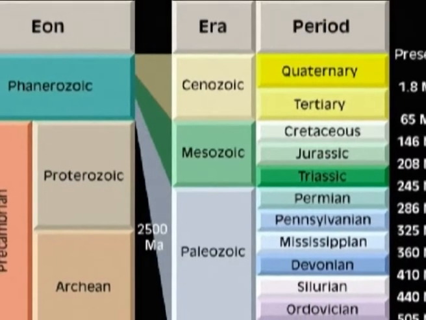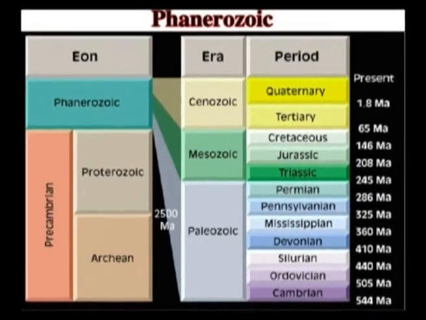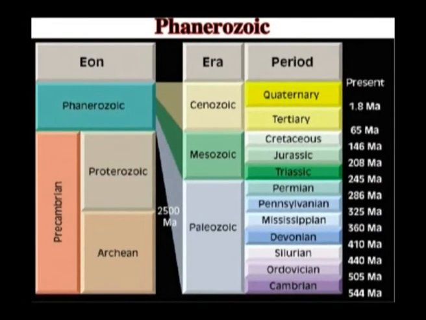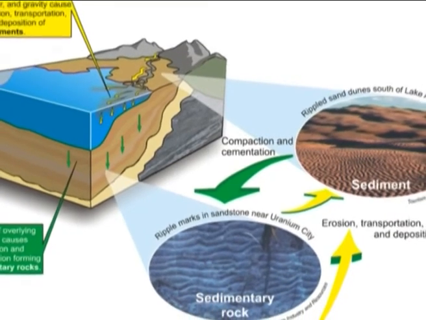Each period has its own table in which it is subdivided into epochs and stages. Each stage is assigned an age in Ma, an acronym for million years ago, which is the age at which it began. Most of these ages are derived from astronomical cycles in sediments.